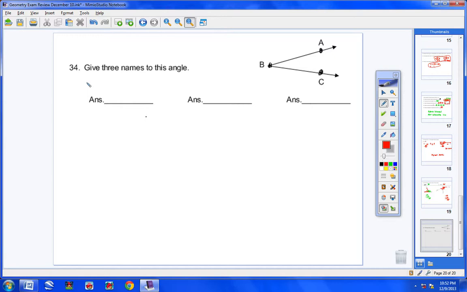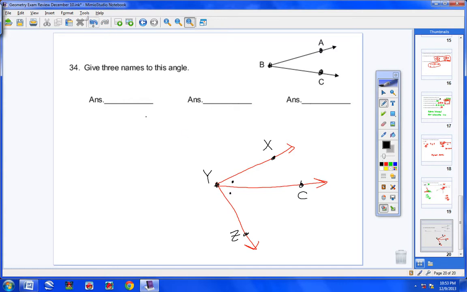Now, I remember very specifically when I gave this test, I was a little discouraged with the answers I got here. Let me show you something, please. If I have a ray like this, and then a ray like this, and then one like this, and I have these points right here, and let's call them X, Y, Z, and C. You cannot call this angle right here angle Y, because if you say look at angle Y, I'm going to have no idea if you're talking about this angle here or this angle here.